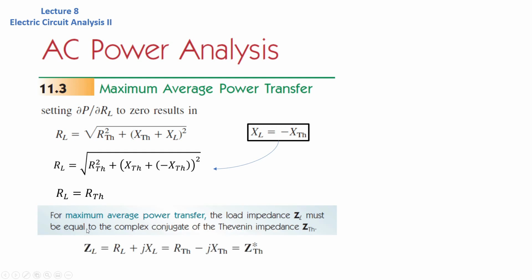So that allows us to write the load that is required to draw maximum power from the AC circuit, and that load is R Thevenin plus, in fact, R Thevenin minus j X Thevenin.